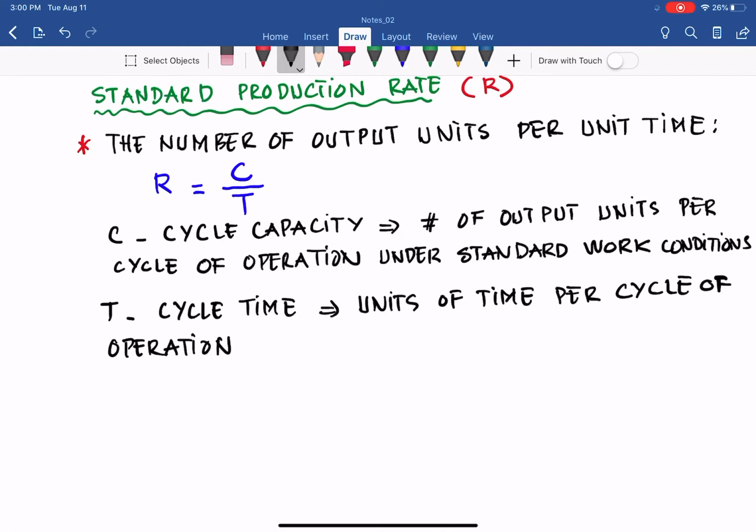Now we want to know, how about the daily standard production rate?